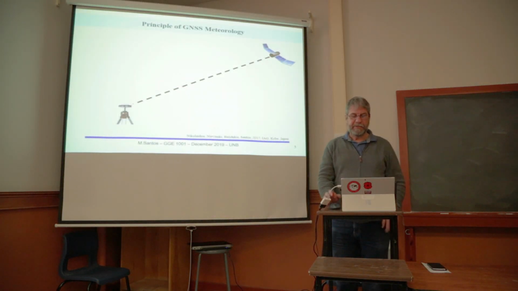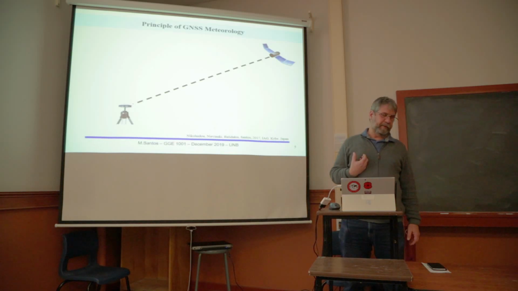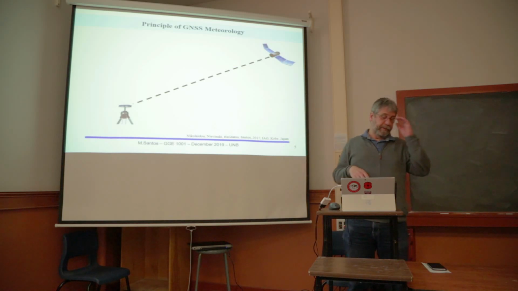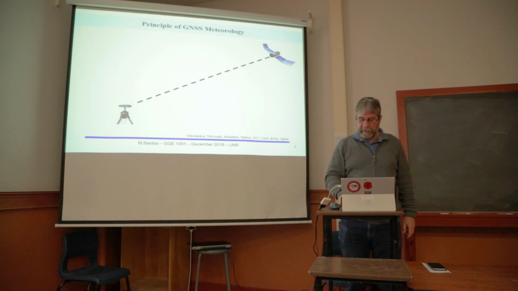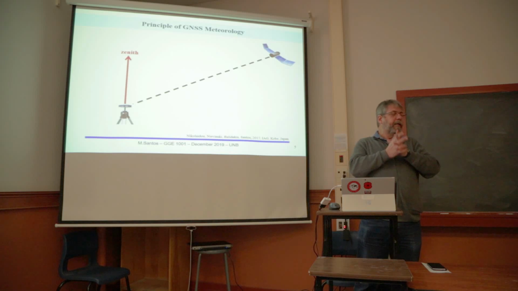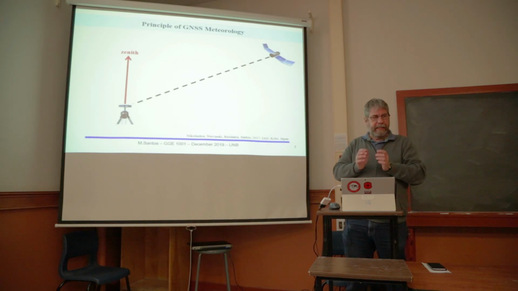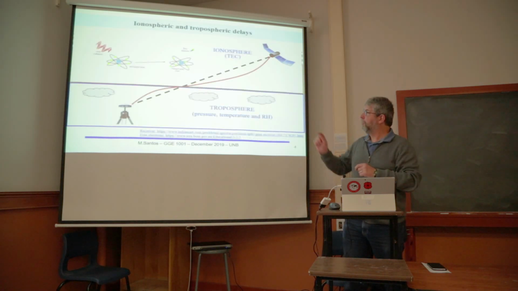Now let's look at how we can do meteorology with that. Again, let's consider that we have these observations propagating from satellite to receiver, and we want to determine the delay. The delay is essentially something I forgot to mention to you.